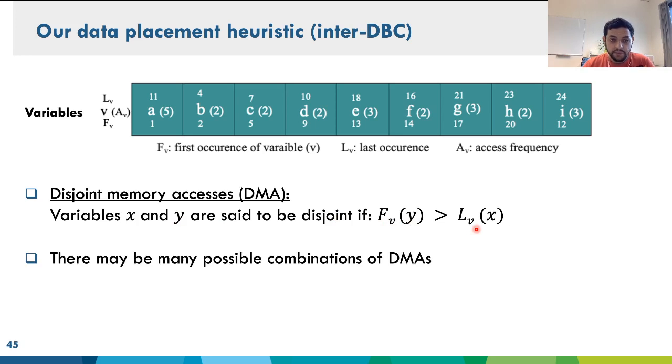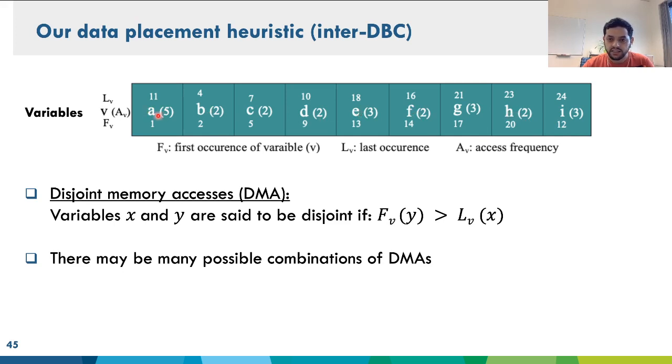There may be many combinations of disjoint memory accesses, as I said. A is disjoint to E, E is disjoint to H. So one combination, for instance, will be A, E, H. Then there can be other combinations.